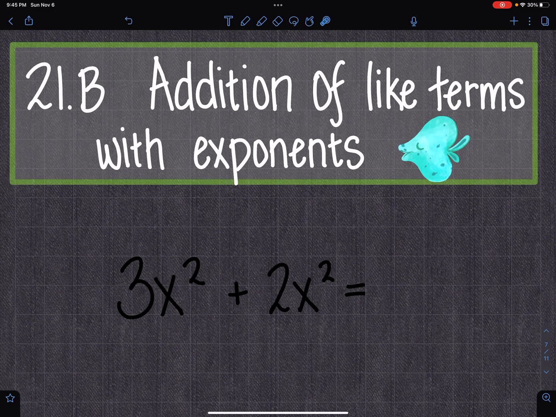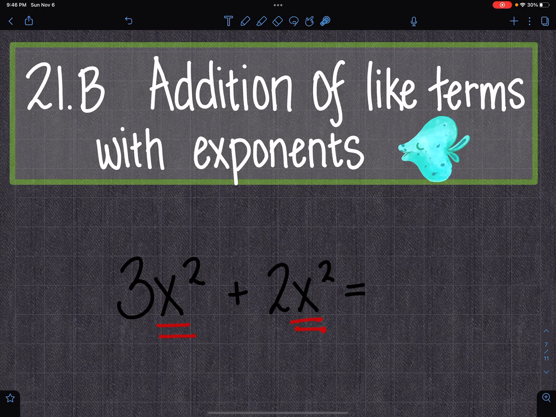So for example, I started out by showing you an example last time, and I'm going to start out by showing you an example again this time. The rule is different when we add like terms, which means that the bases are the same.